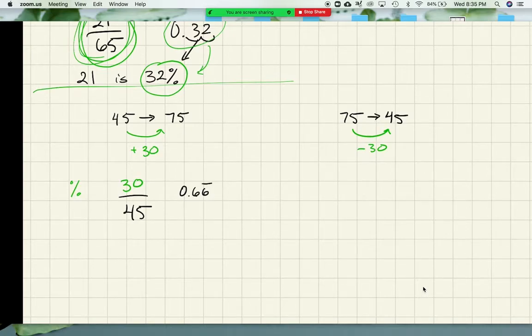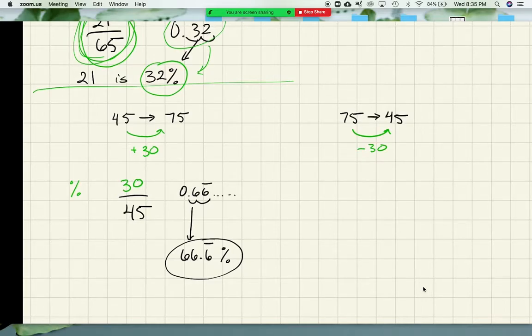But that's the decimal, and then as a percent, you move it over twice, so that'll be 66. And since there's an infinite number of sixes, I would say 66.6%. So that's the percent increase. You figure out how much the regular increase was, and then to get a percent, you take that and divide it by the original, and then make it into a percent.